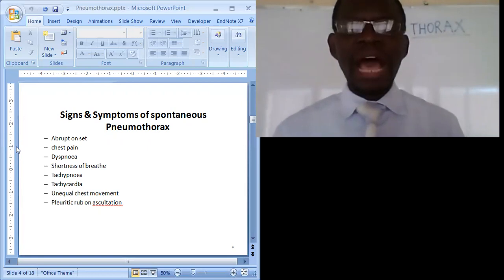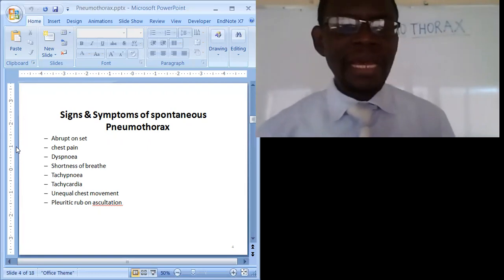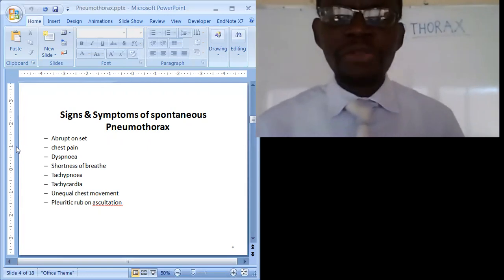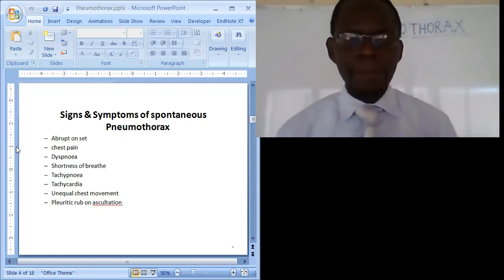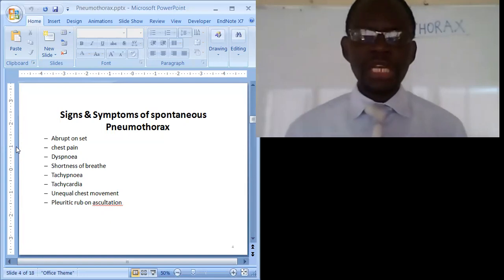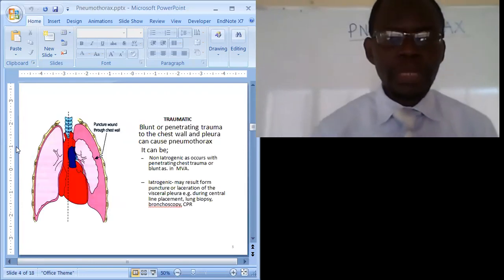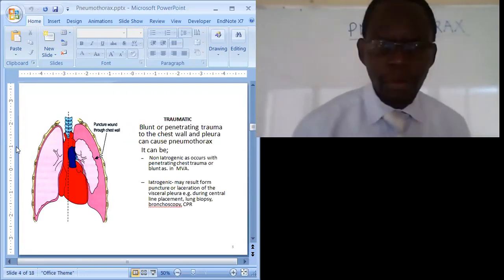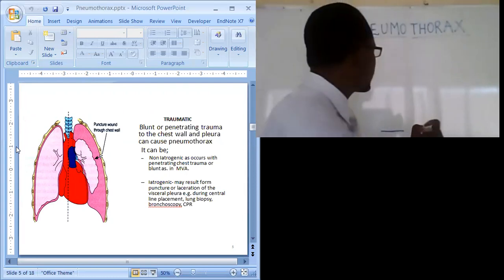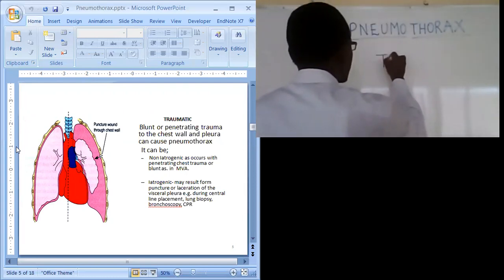Then sometimes you can have unequal chest movement as a result of pain. And then there's what we call a pleuritic rub, yeah? When you auscultate the chest, you hear what we refer to as a pleuritic rub.